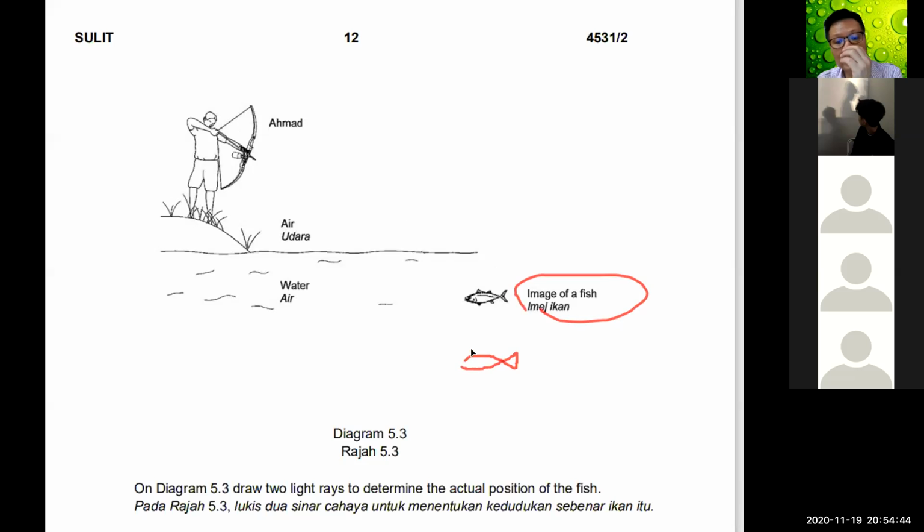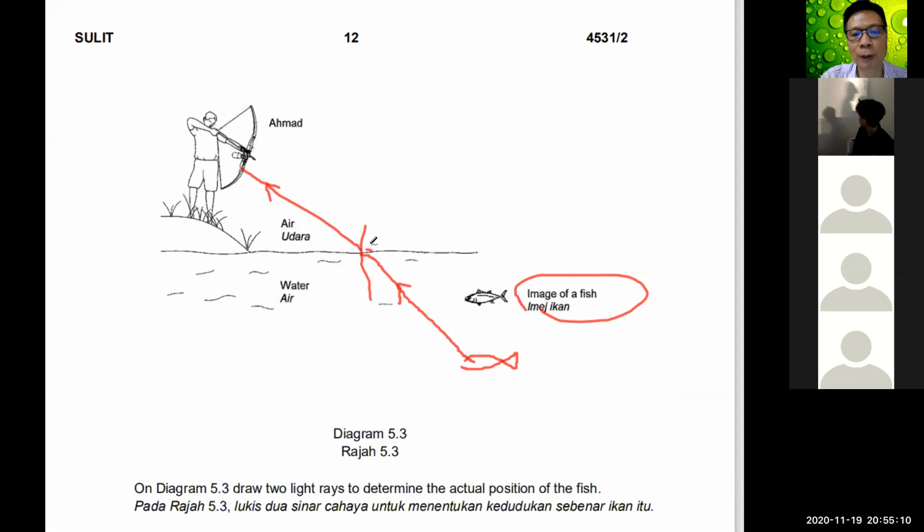You know why? Because you draw a normal line here. When the light travels from the actual fish to here, what happens to the line? It will bend, isn't it? The light gets refracted, it will bend away from the normal. But the man sees in a straight line.